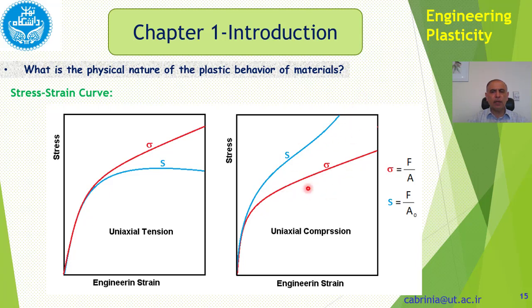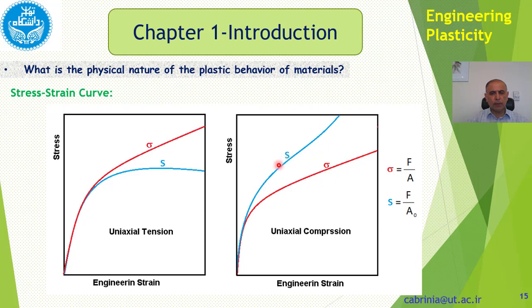The reason here again is the original cross-sectional area. For the compression, of course, it is different from tension. As we know, as we compress the specimen, the cross-sectional area increases, while for the tensile test, the cross-sectional area decreases. So that's why here the behavior is very different.